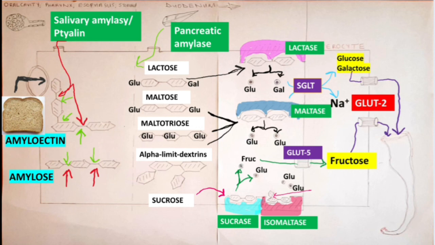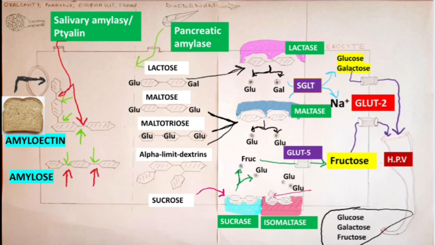They have nothing to do with insulin except GLUT4. We will talk about it later, but for now just know that these glucose transporters have nothing to do with insulin. Now this blood vessel is actually the hepatic portal vein. So where are we going? We are going to the liver, where you have your glucose, galactose, and fructose.